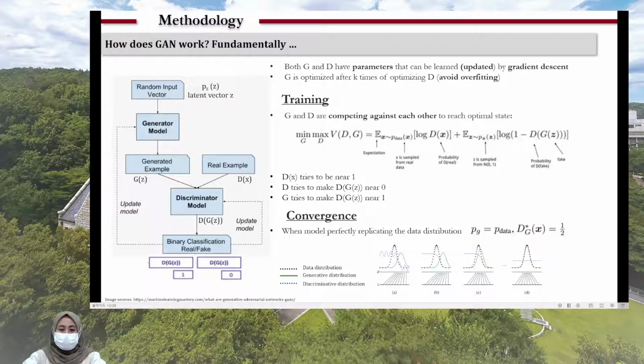The global optimum is reached when the real data distribution is equal to the generated data distribution. The image below in the slide illustrates how the generator and discriminator learn over the training process.